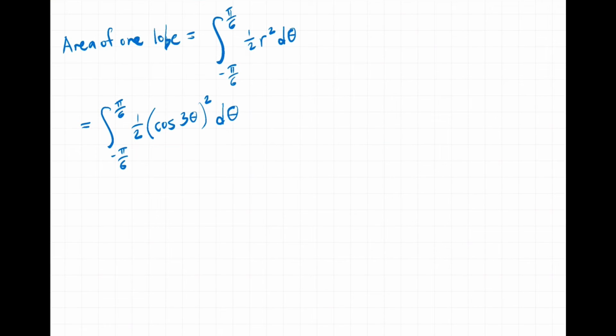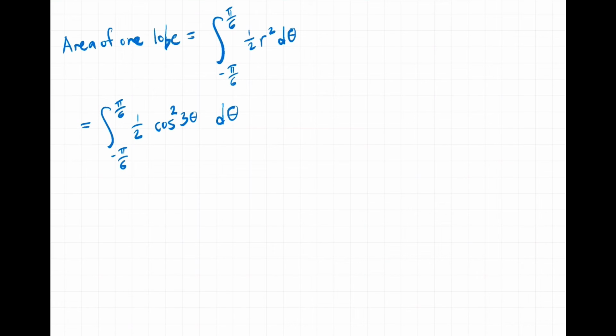What we don't know how to handle is the fact that we are squaring our cosine function. In fact, let me write this. What we have here is 1/2 cosine squared of 3 theta d theta.